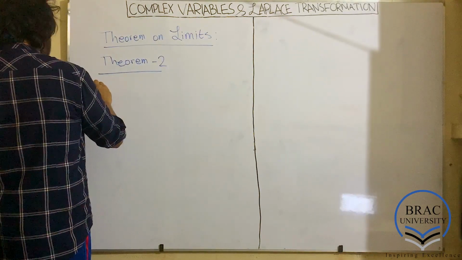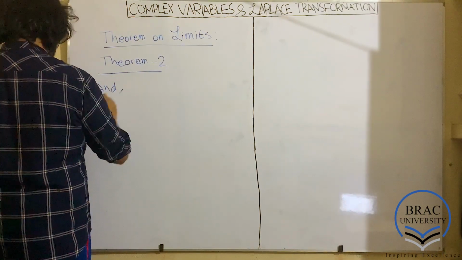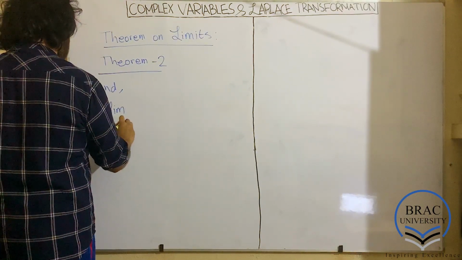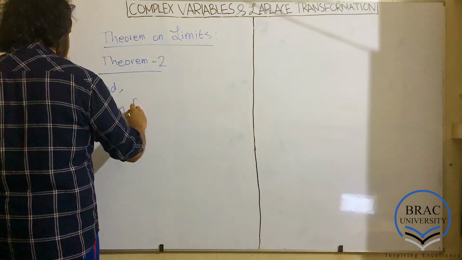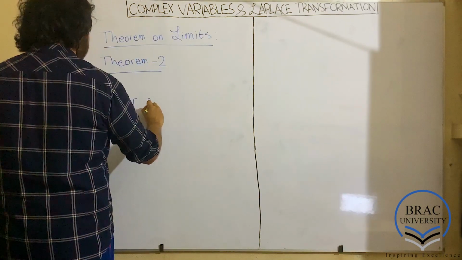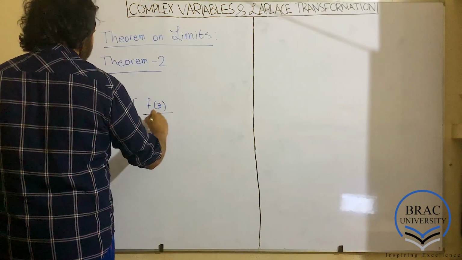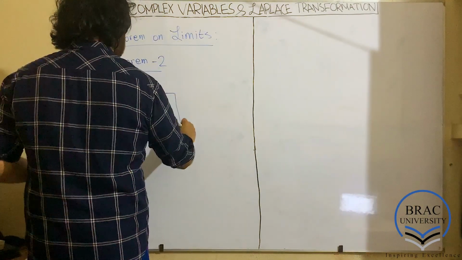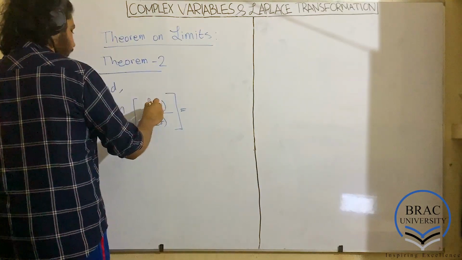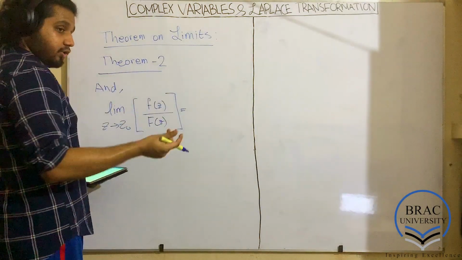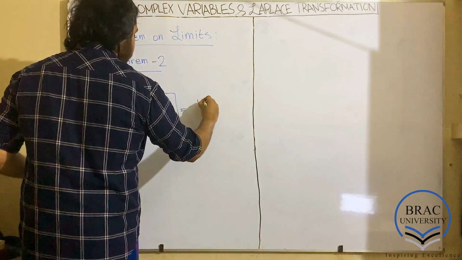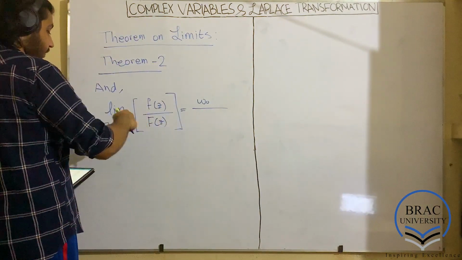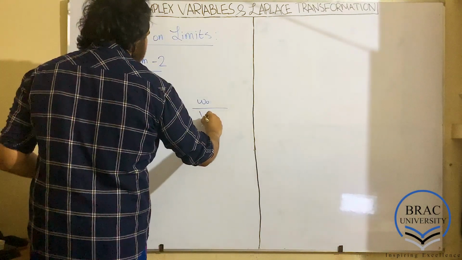Also, you have the limit z tends to z naught, where small f of z is being divided by capital F of z, which is equal to, if you take the limit of small f of z individually, you get small w naught, and taking the limit of capital F individually, you would get capital W naught.